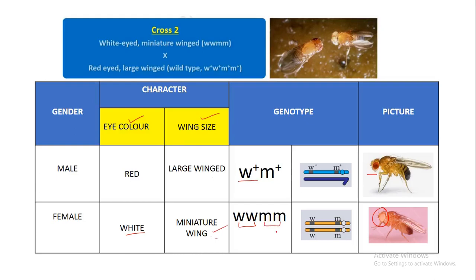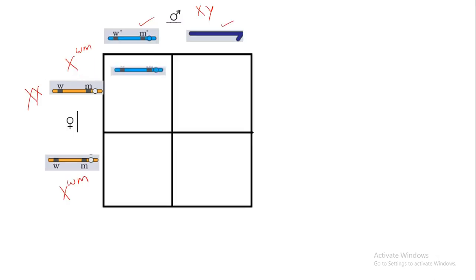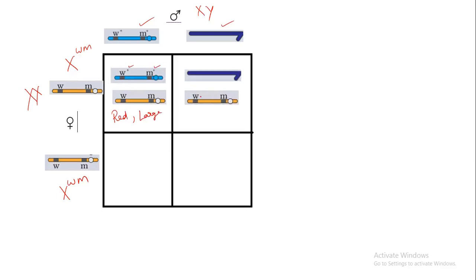Okay, so here we are going to get, after crossing, see what phenotype you can get. What is the eye color you can get here? Red color eye, because here we have the native breed, W plus is there, so red color eye, and the wing is large wing. Okay? Second, you are going to have small w, which is going to be white color eye, and the wing is going to be recessive, as we have kept here, there is no small m plus, so it's going to be miniature short wing.